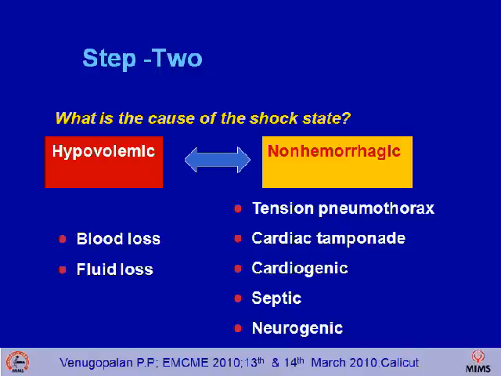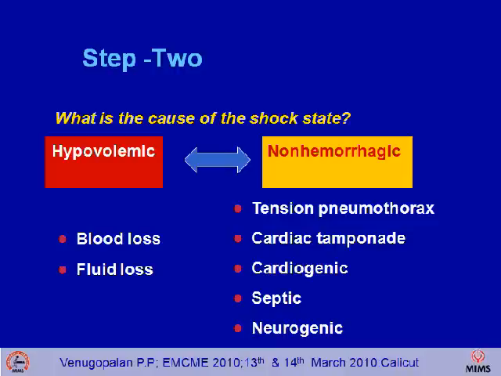Step two, once you identify the presence of shock, is to identify the cause of this shock state. Broadly, there are two types: hypovolemic and non-hemorrhagic shock. Hypovolemic or hemorrhagic shock is basically due to fluid loss or blood loss.